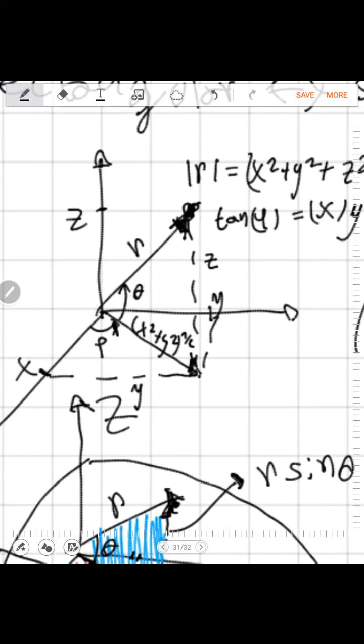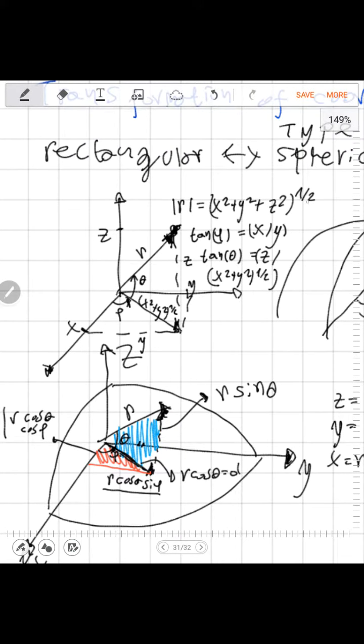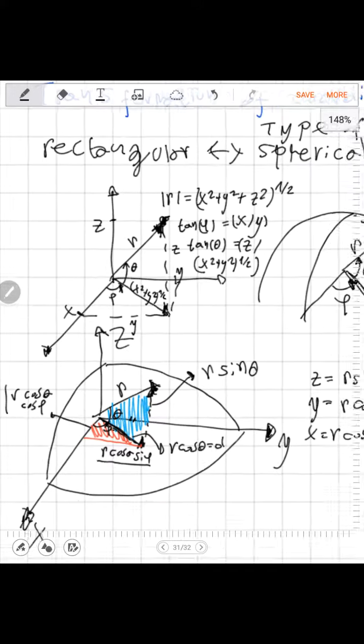We can find this angle theta because we can also say that the tangent of theta is going to be z over the square root of x squared plus y squared. So from here we only need to take the arc tangent in both cases to know what theta is going to be and what phi is going to be. So in this way we can find the spherical coordinates from the rectangular coordinates.